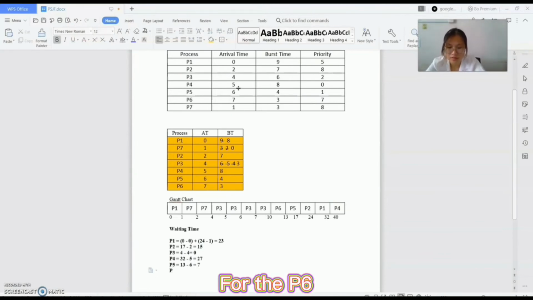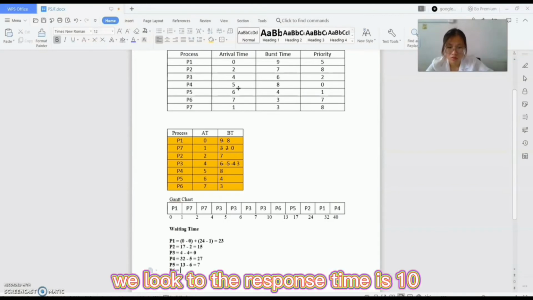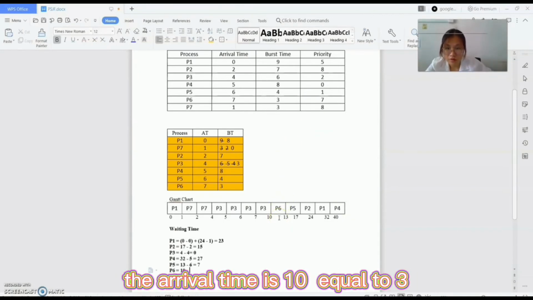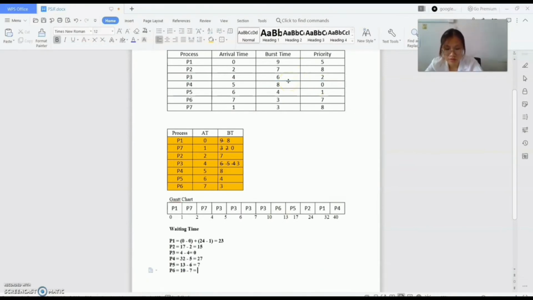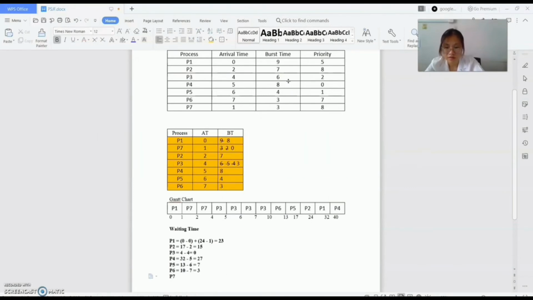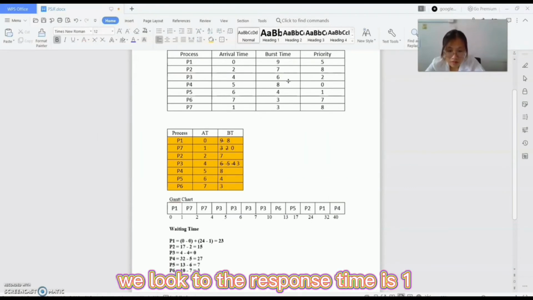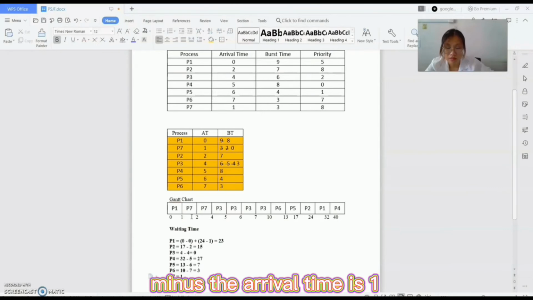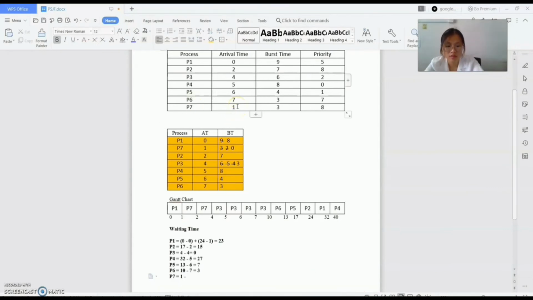For P6, the response time is 10, the arrival time is 7, equal to 3. For the last, P7, the response time is 1 minus the arrival time is 1, equal to 0.